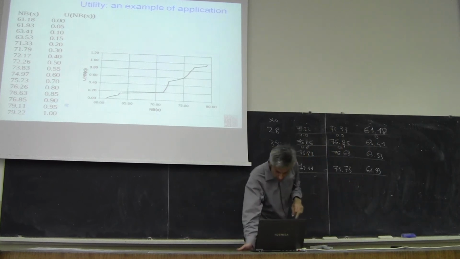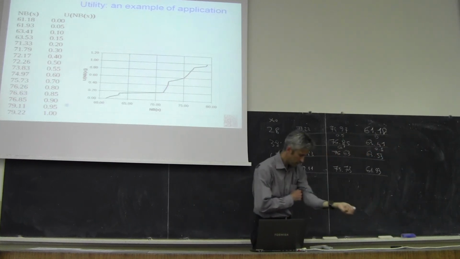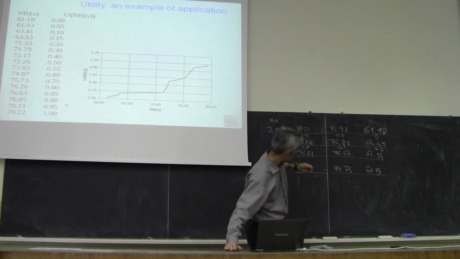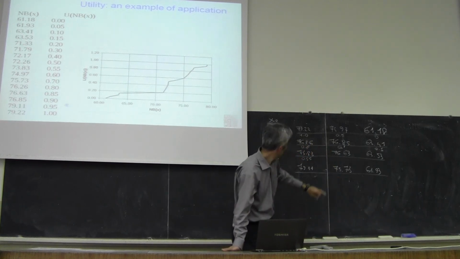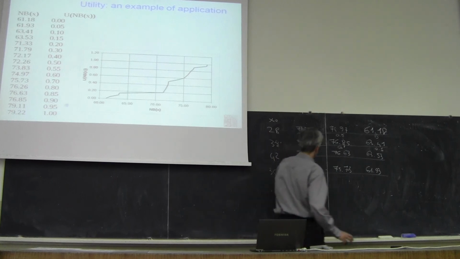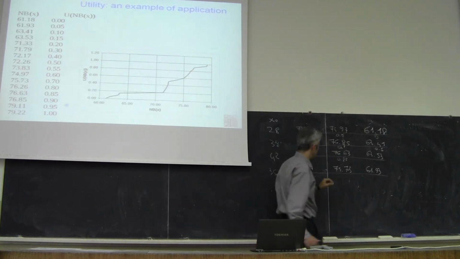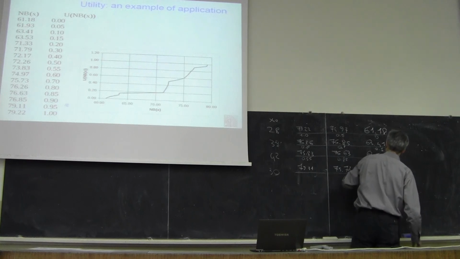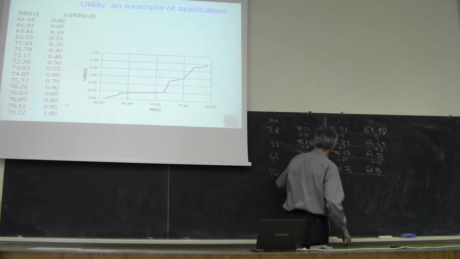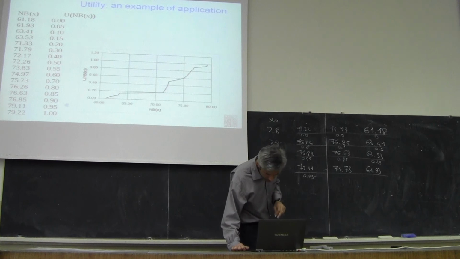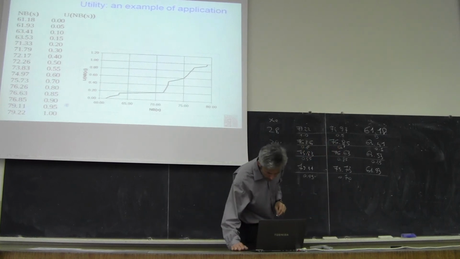And here we have 0.1. Okay, now 0.55, 0.85, and then 0.15, and then 0.95, 0.7, and here 0.05.